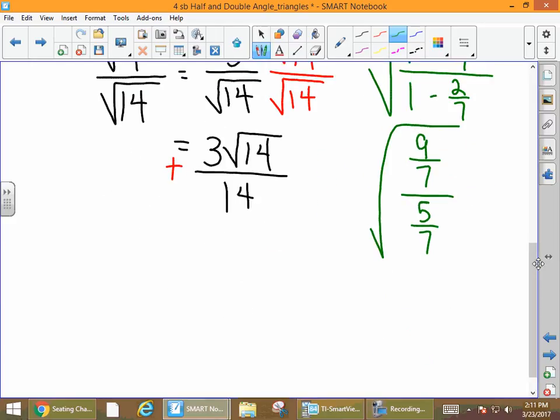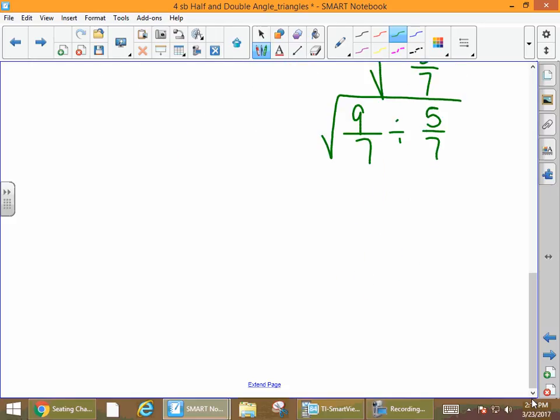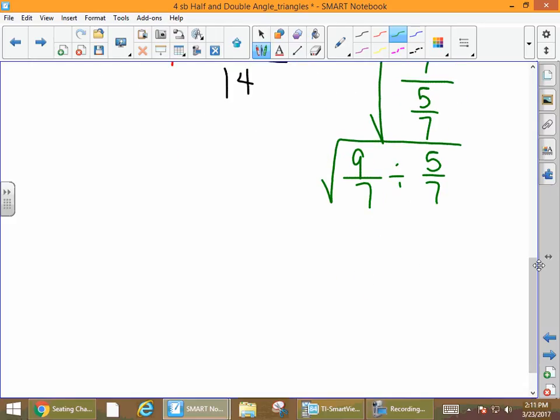And in general, I tend not to even write that step right there. I tend to write it as 9/7 divided by 5/7. And one last time to hear me say, when dividing, don't ask why, flip the second one in, multiply. Again, you can even type that into the calculator.